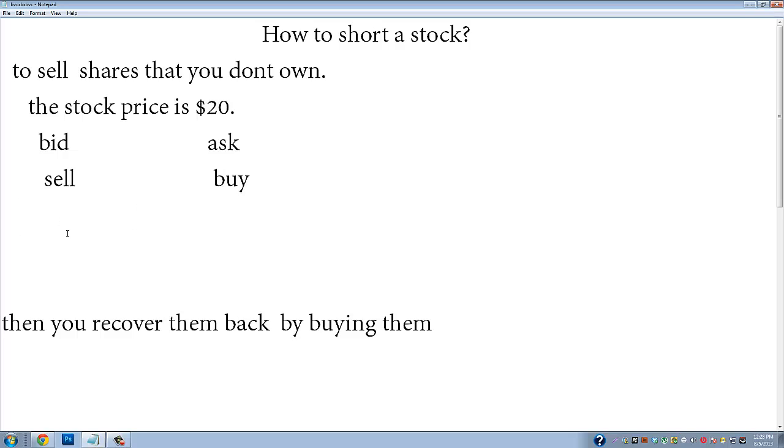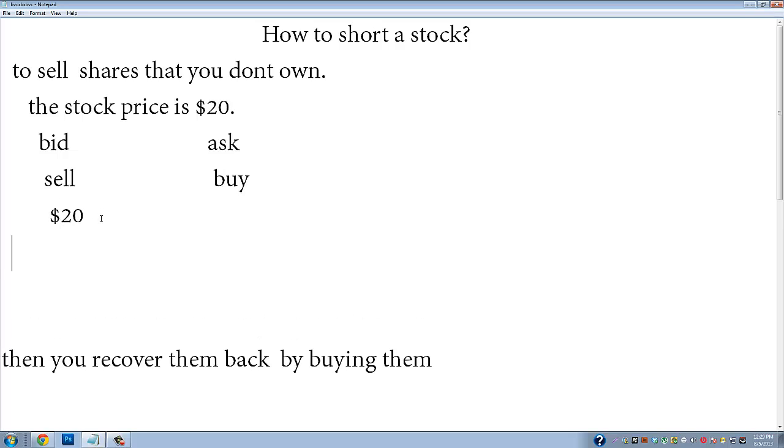And then, since you sell them, for example, at $20 a share, suppose your trade is going good, and after one day the stock is, let's say, $18.